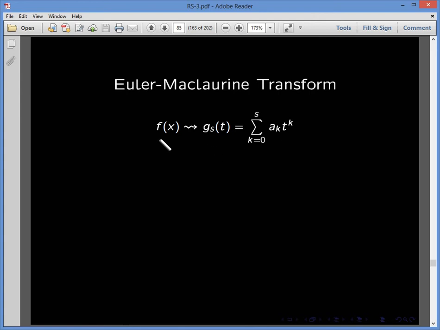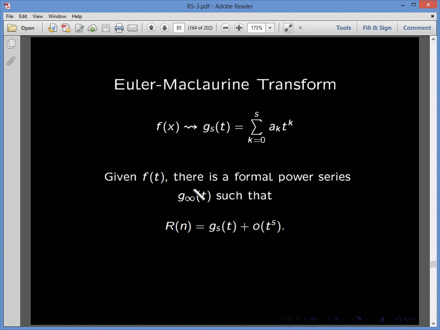So the focus point is starting from f of x and coming up with this formal power series. If that's an analytic function, the Taylor series converges, that's great, and that's starting from an analytic function and ending up in an analytic function. So I call that one sort of transform. It started from one function and ended up at another kind of function. So I call that the Euler-Maclaurin transform, motivated by the Riemann sum problem.